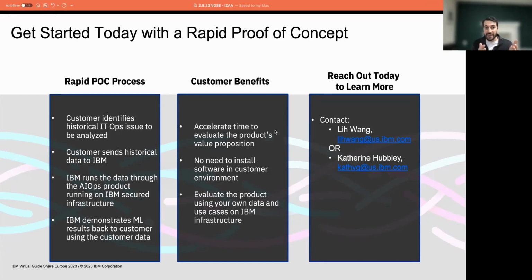You can send that data to IBM, where we will store it in our secure infrastructure that includes our Anomaly or our machine learning solutions. And then we can run your historical data through our AI solutions and then demonstrate back to you within the product UIs the insights you would have gained had you had this solution deployed in production during that historical time period when you had a problem.